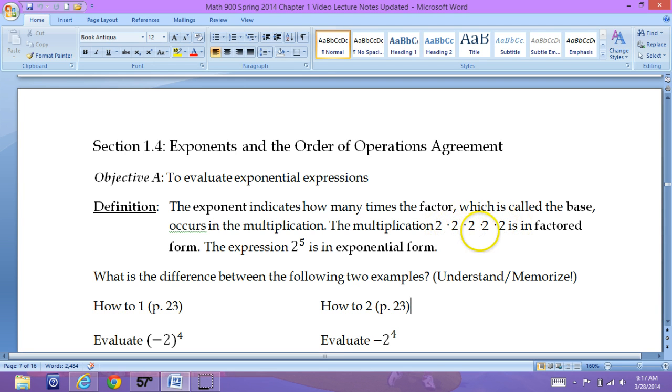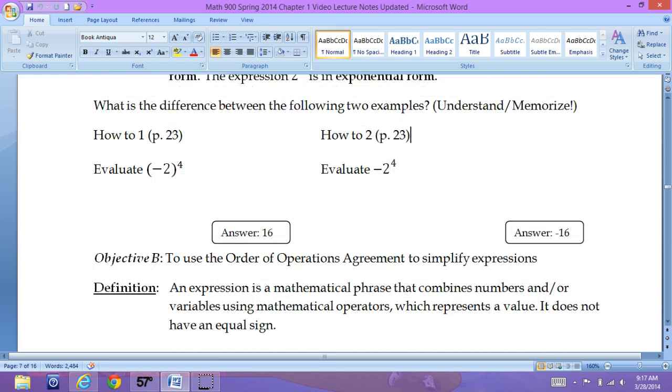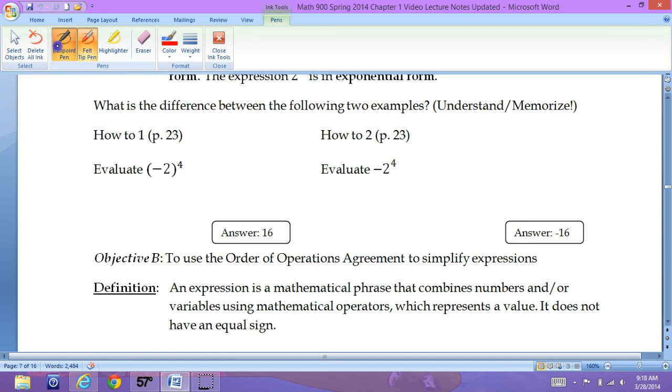That's factored form. But the expression 2 to the 5th, which is equivalent to this, is exponential form because we have an exponent. Students tend to struggle with the difference between these, so we'll put a little emphasis on it right now.